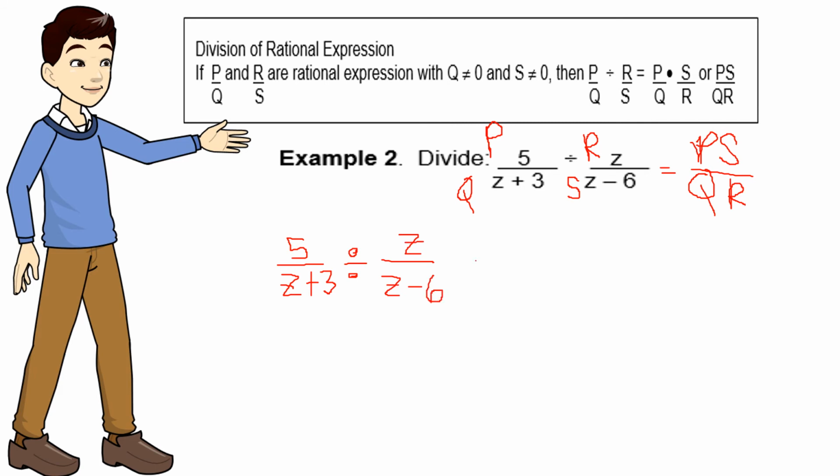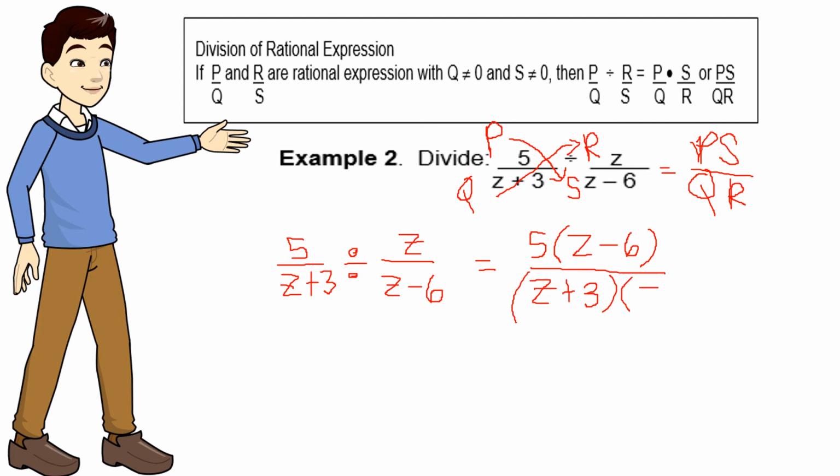Then, i-reciprocal na natin. Magiging 5 times z minus 6. Diniretso ko na din sa ating PS. So, ito yung PS natin. That is 5 times z minus 6. And then yung ating QR. Ito naman, we have Q, z plus 3 times z.